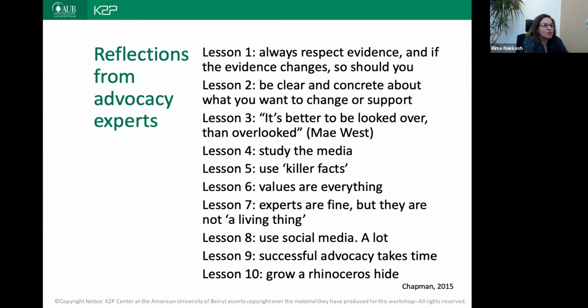First, always respect the evidence, and if the evidence changes, so should your approach or objective. Be clear and very specific about what needs to be changed. Also important is that everybody on the table has the same message and the same objective, and understands that between each other.